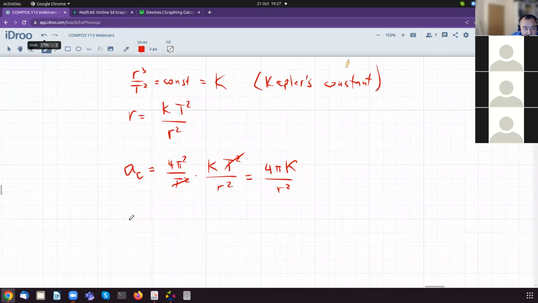Well, we know Newton's second law, F equals ma, which is equal to 4 pi squared k divided by r squared multiplied by the mass.